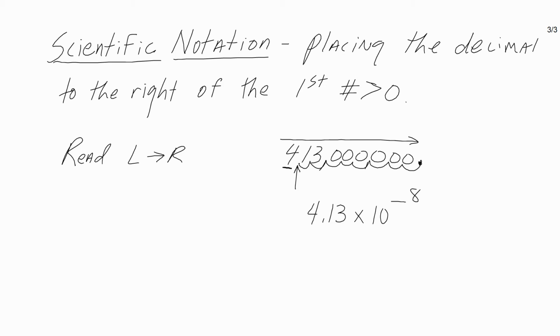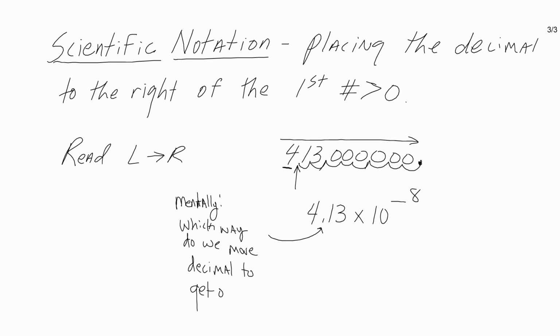Now, I'm going to put a note here. I'm going to draw an arrow right here, and I'm going to say mentally. What does mentally mean? In your head. So does that mean we do anything on paper? No. Mentally. Which way do we move the decimal to get original form?